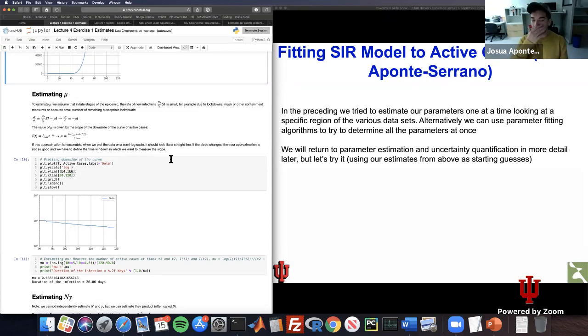For today, we're just going to introduce the general idea of fitting. We will come back later to discuss different fitting algorithms, quantification of certainty, and parameter determination. Today it's just an introduction to give the flavor of fitting.